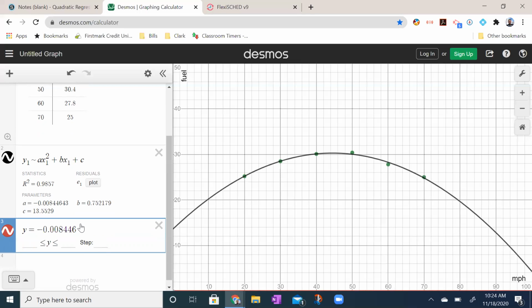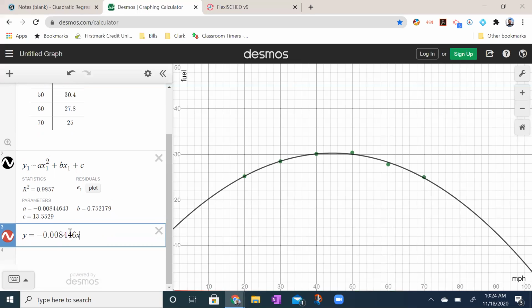Then I'm going to put my x, that's my a value, and square it. Then the b number is positive, so plus 0.752. I'm going to round this one right here, times x.